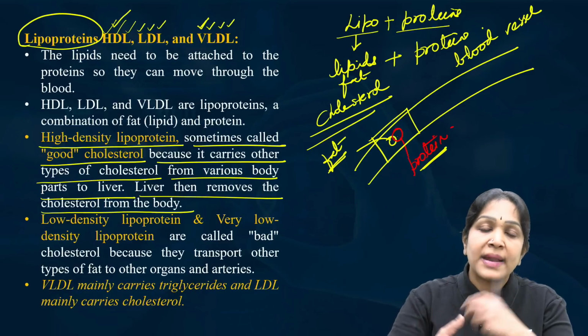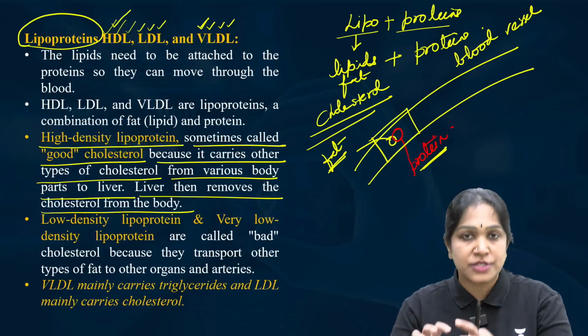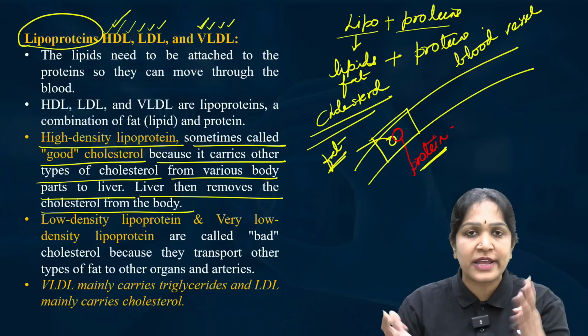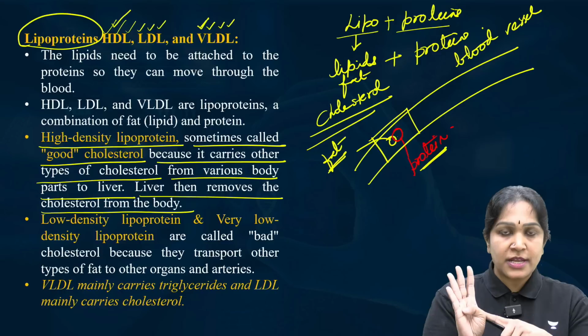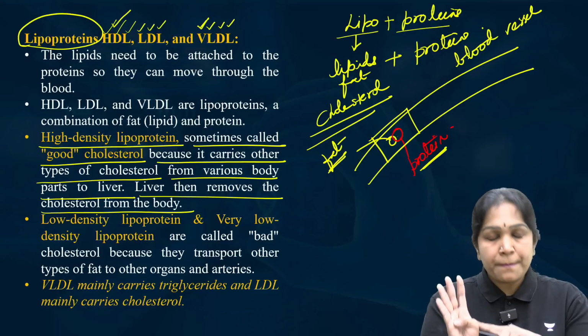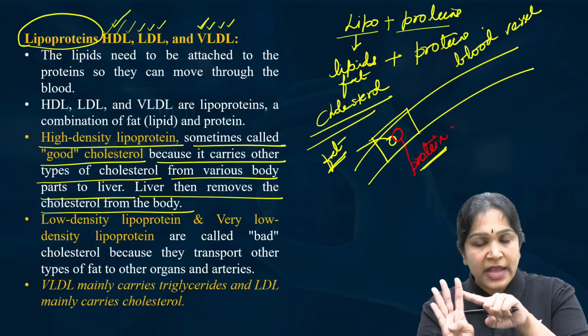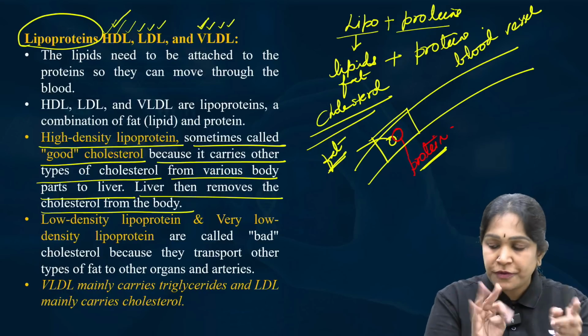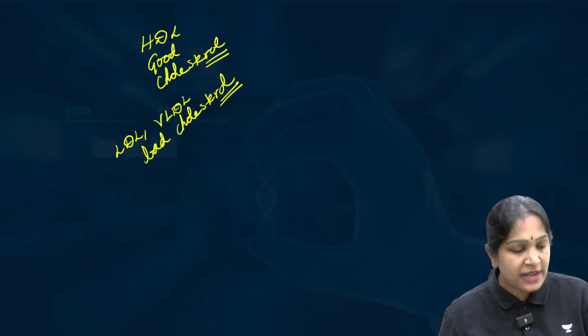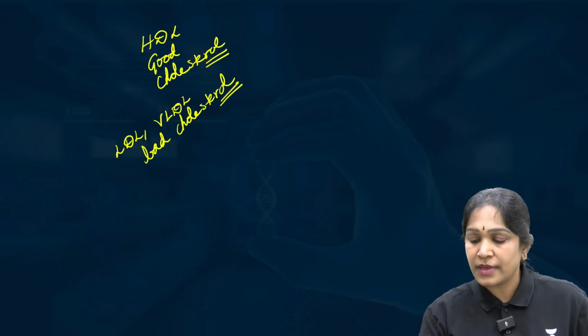Liver will metabolize that particular cholesterol, kind of digest it. I repeat, high density lipoprotein is called good cholesterol because it will carry the other types of cholesterols from the body organs, to the liver.